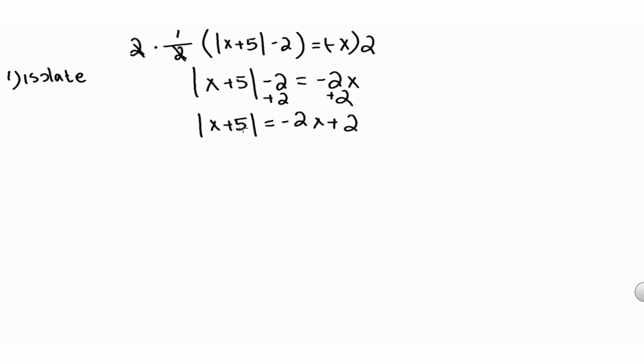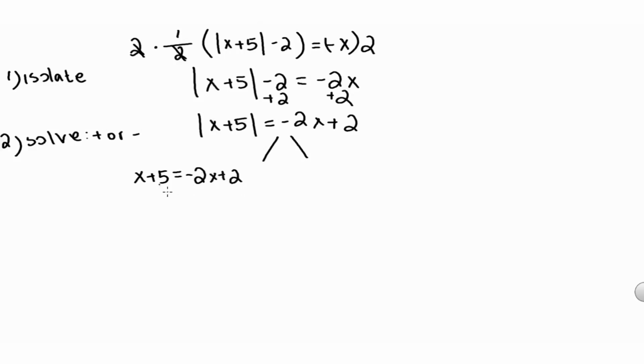I'm ready to solve twice. And again, once for the positive value and once for the negative value, because both of these can be solutions, either or. Okay, so x + 5 = -2x + 2.